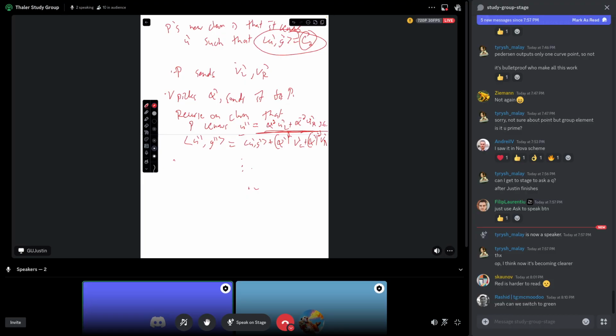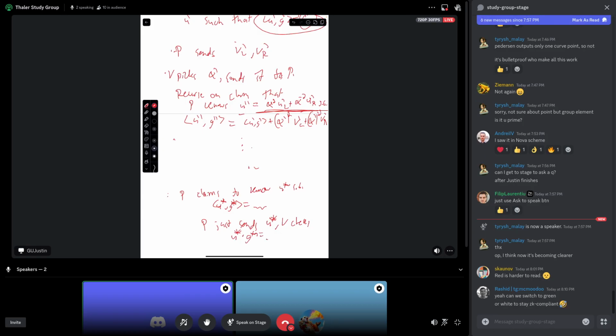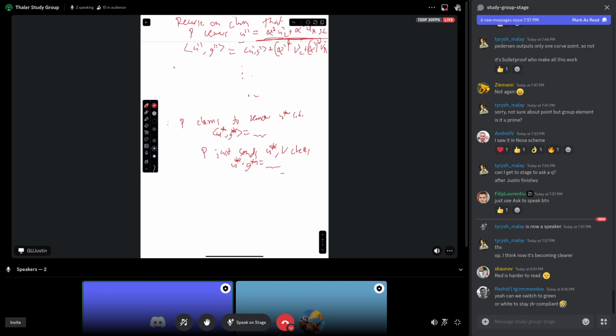And then they recurse on the claim for the next round involving two vectors half the size, until eventually in the final round, log n, the prover is claiming to know a U star such that U star inner product G star equals some value, and now the prover just sends U star, exactly as in the wishful thinking case. And the verifier checks that indeed U star scalar multiplication G star equals whatever it's supposed to. Okay, and so that's Bulletproofs.